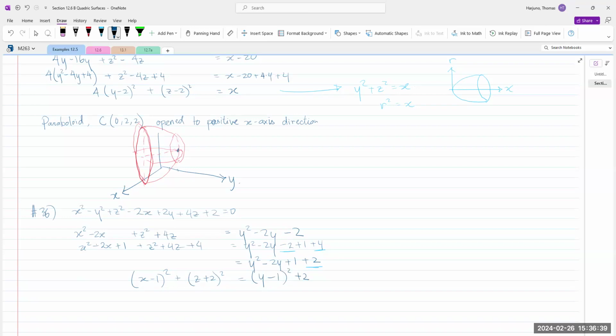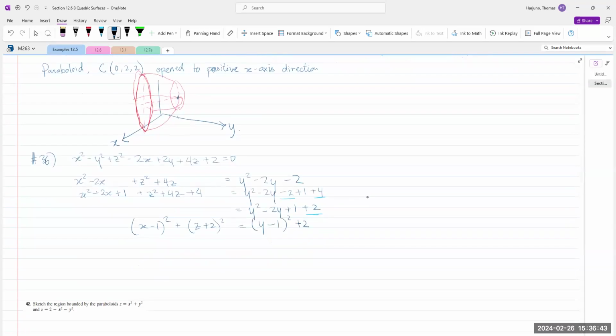I expect this to be a cone, but no, because we have plus 2, it is not a cone. So, sorry, I don't need to move the y to the right-hand side actually. (x minus 1) squared plus (z plus 2) squared minus (y minus 1) squared equals 2.